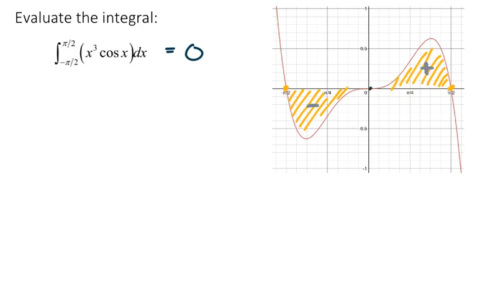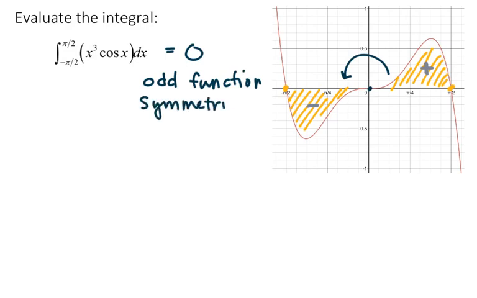It's an odd symmetric function, and odd functions have rotational symmetry about the origin. So we can describe this and we can say this is an odd function, and we're considering it across a symmetric interval. All right, so we have an odd function across a symmetric interval. And you may need to prove that a function is odd.